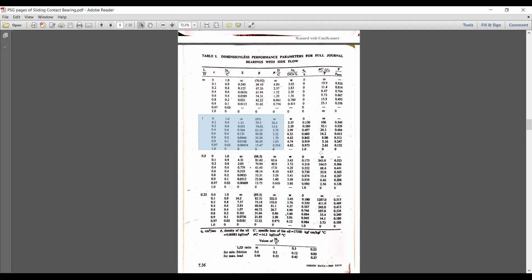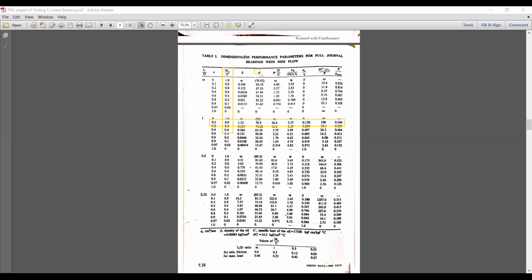Now, as the L by D ratio is 1, we need to refer to this area. I just highlight this one. As per the Sommerfeld number, that is 1.33, we need to refer to this row. So the value of 2h0 by c is 0.9.